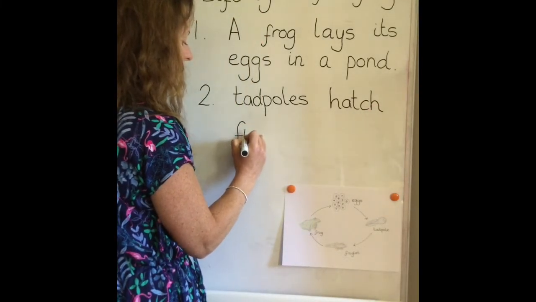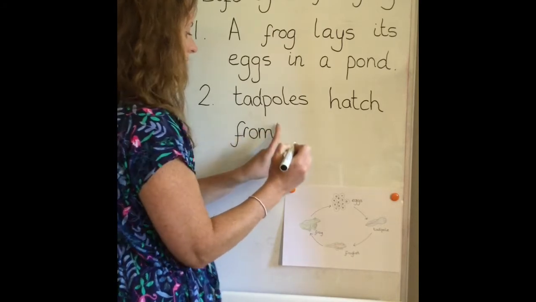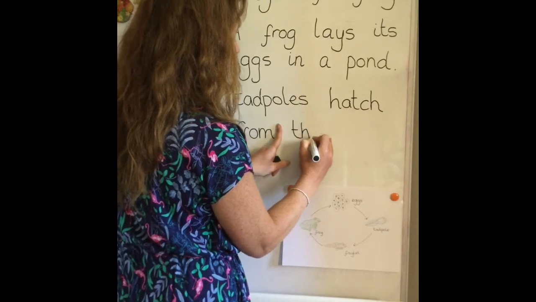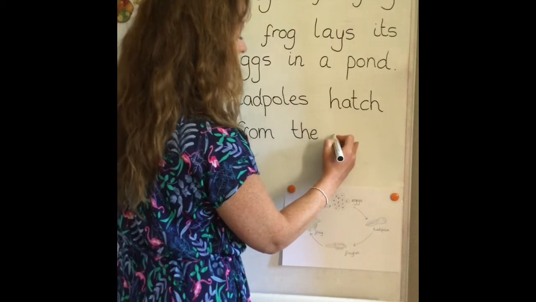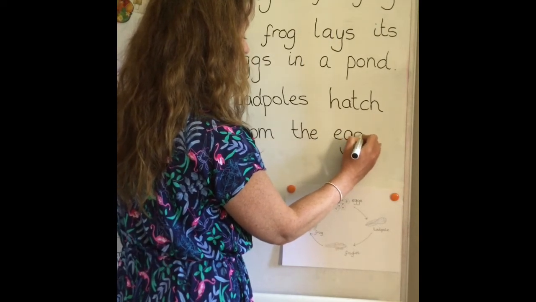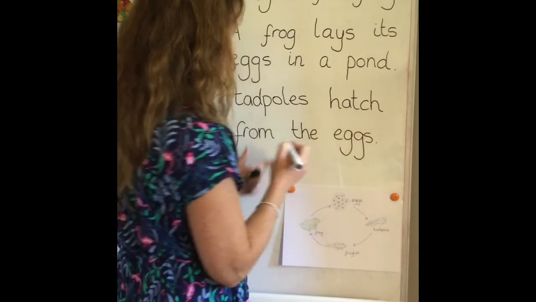From, one of our tricky trial words. And another tricky trial word, the. And then another word we've learned to spell quite a lot, eggs. Shouldn't have too much problem with that. Remember my full stop this time.